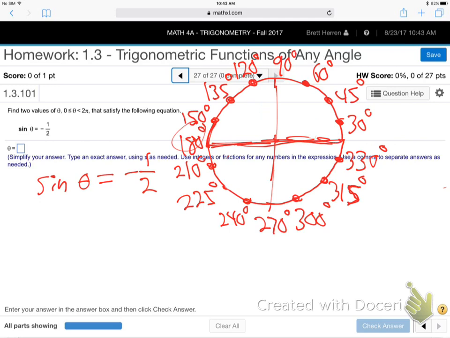We are going to find the values. Now remember, at any dot, the x coordinate is always cosine, the y coordinate is always sine. So this is how we're defining sine and cosine. What is sine? It's the y coordinate as you travel around the unit circle.